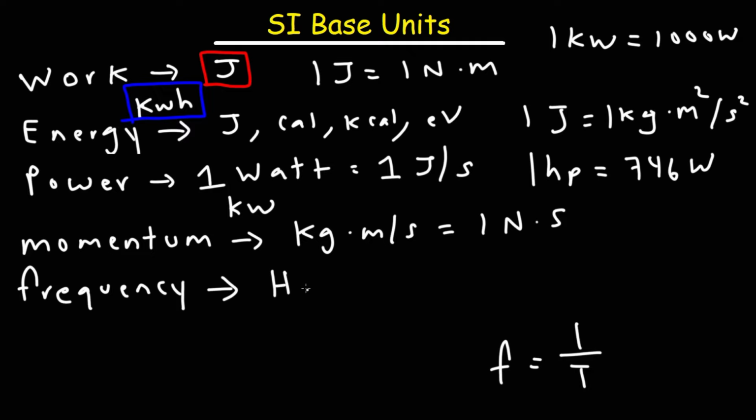The frequency is measured typically in hertz. So imagine having a 1 kilohertz sound wave or a 500 hertz sound wave. Hertz is the unit of frequency, and period is measured in seconds. So 1 hertz is equal to 1 seconds to the minus 1, or 1 over seconds.